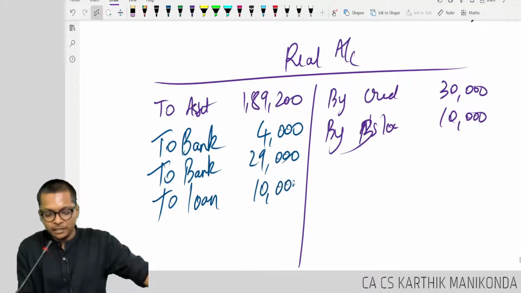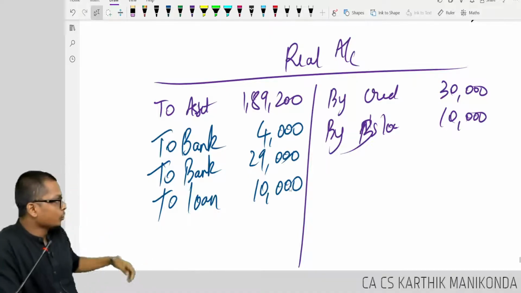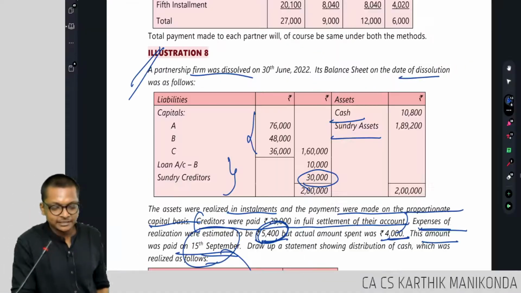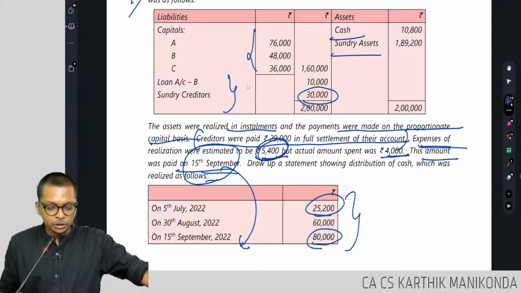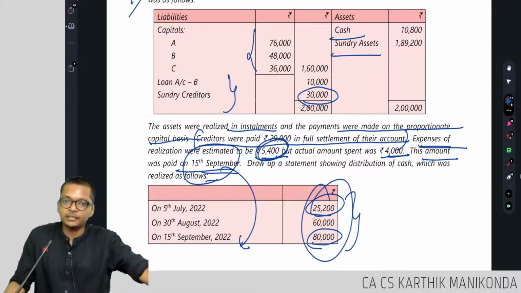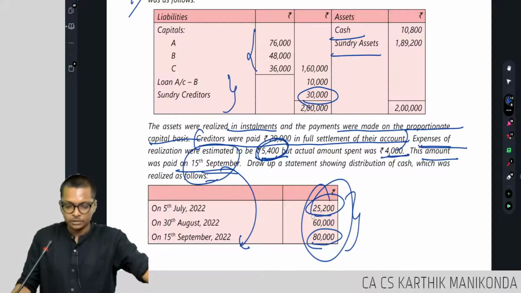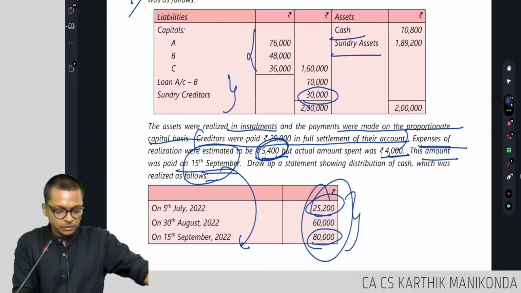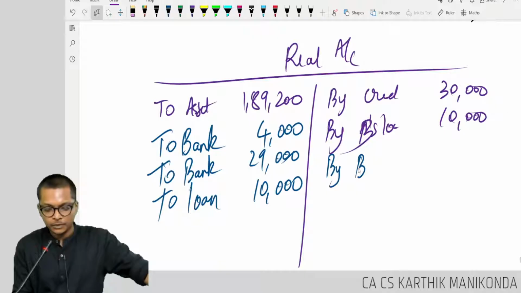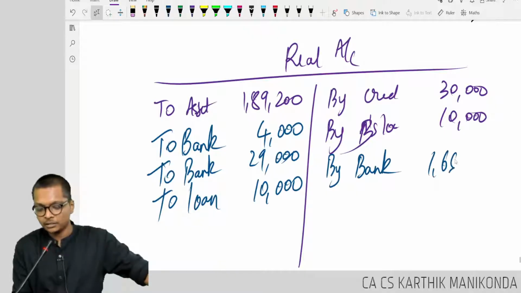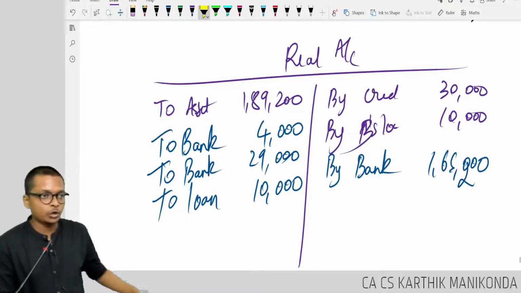Full 10,000 we paid off. Correct. And how much assets are realized? Compute the total of all 3 installments. How much are you getting? All 3 installments if you total, 1 lakh 65,200. So I will write here by bank 1,65,200.